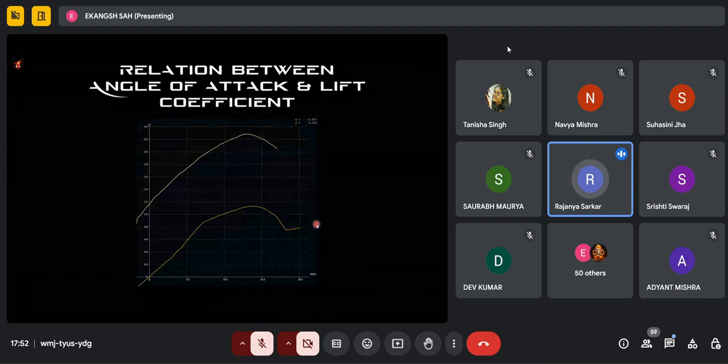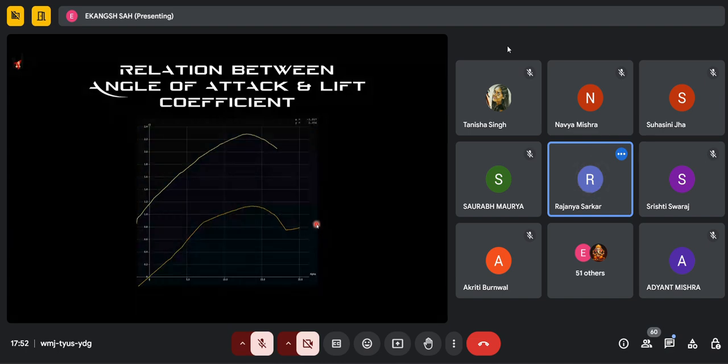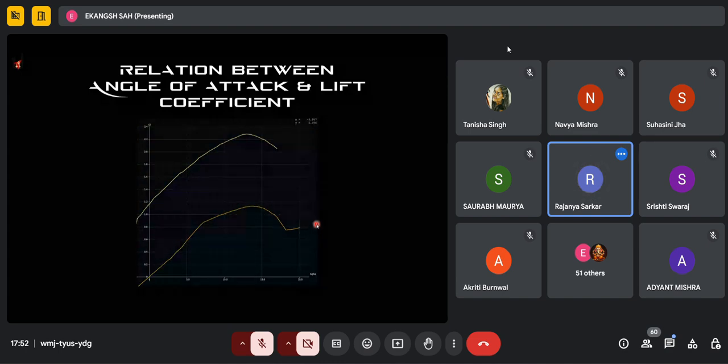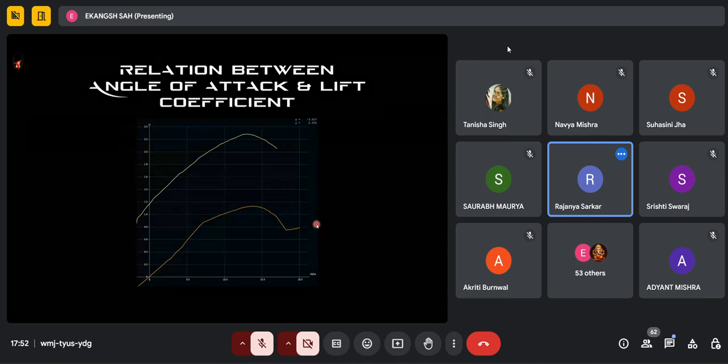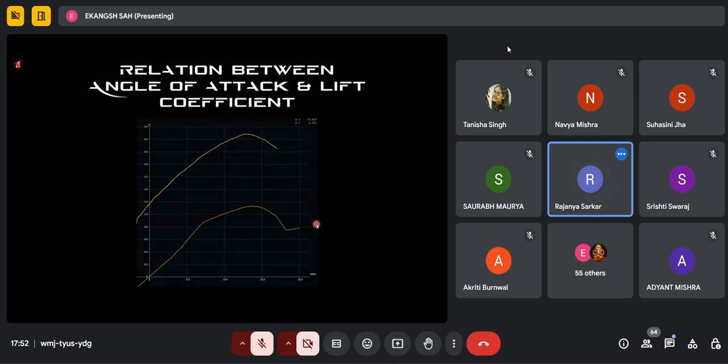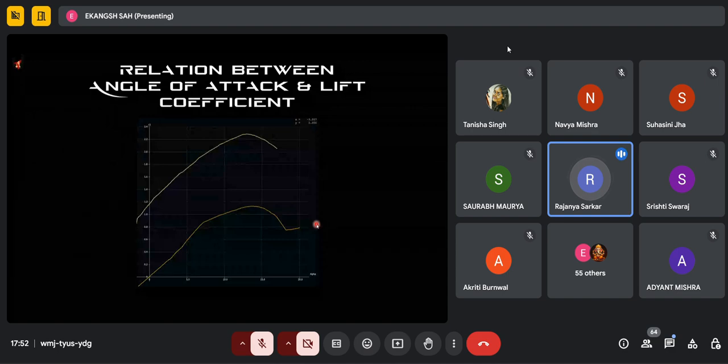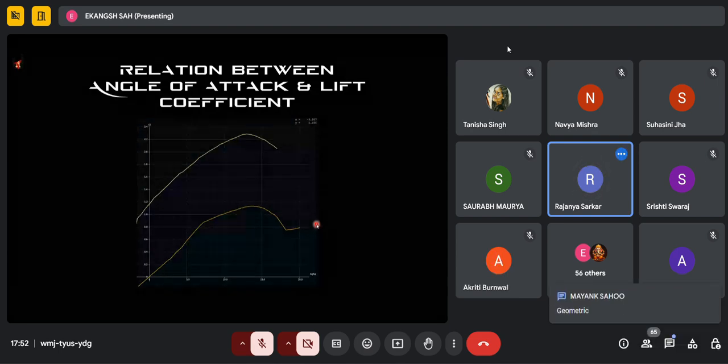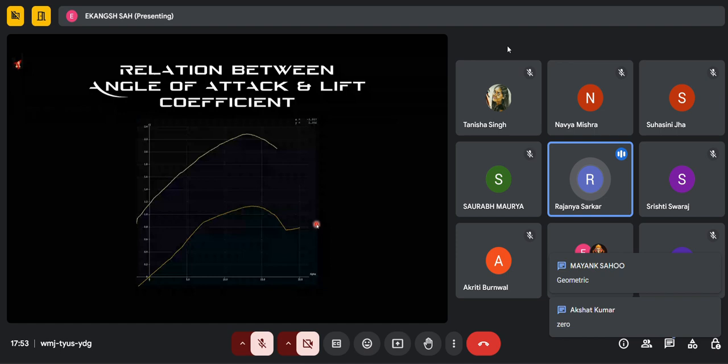Now I have another question in this concept. You have to say which kind of angle of attack we are plotting here. Okay, I see no answers coming. Okay, after a long time, I have received another answer.